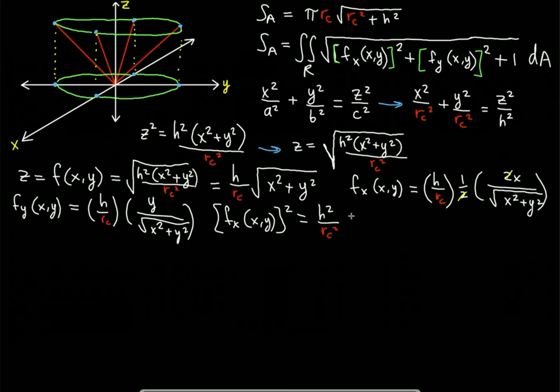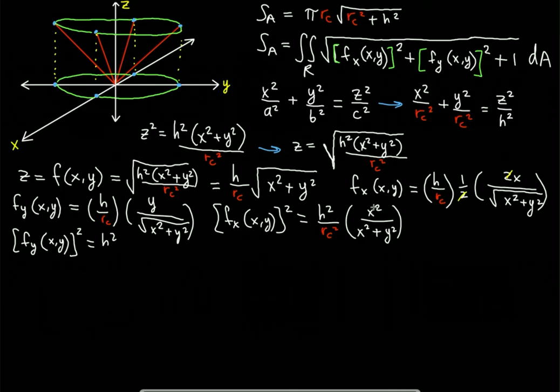And then here we're going to have x squared. And this square root is being squared, right? So the square root is gone, so it's just x squared plus y squared. And that's it. In the same way, of course, the second one, the partial derivative with respect to y being squared will be the same thing, except the top will be replaced with the y squared, right?